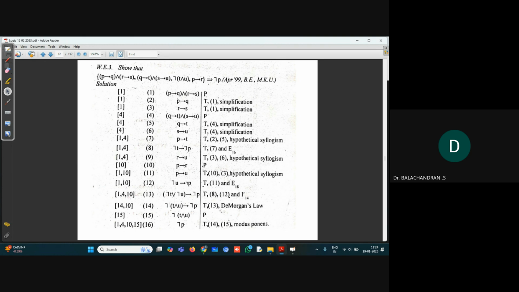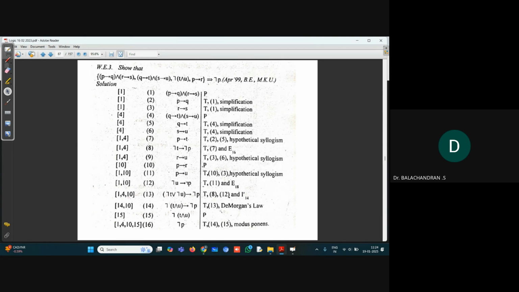Okay. Now from 2 and 5, 2 is P implies Q. 5 is Q implies T. So you'll get P implies T. So in 7, P implies T. Apply contrapositive here for 7.